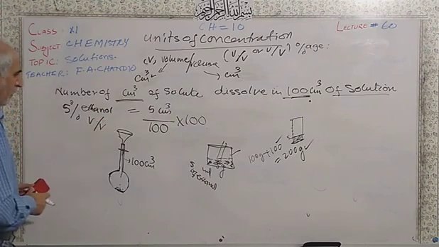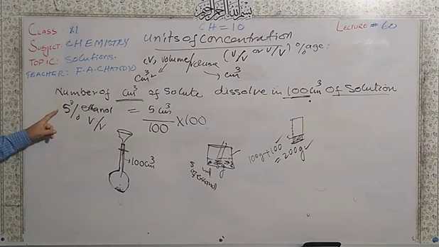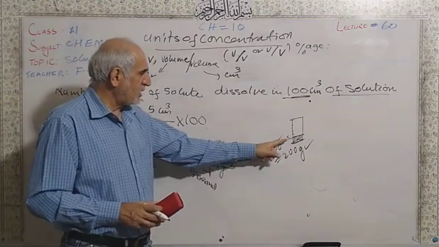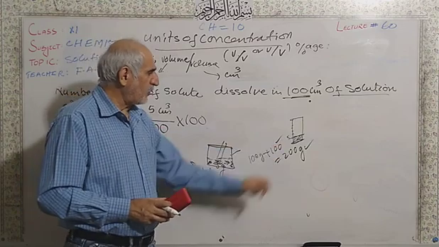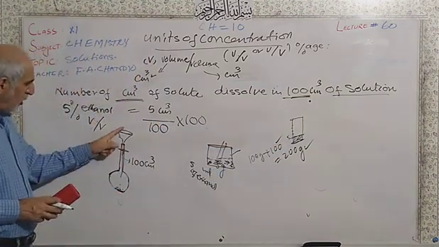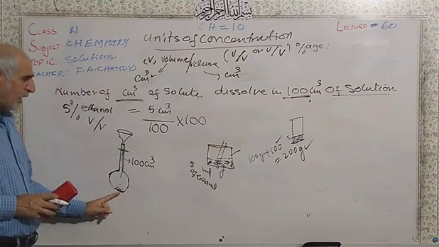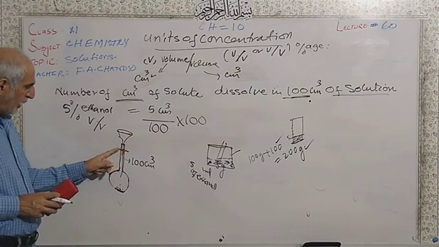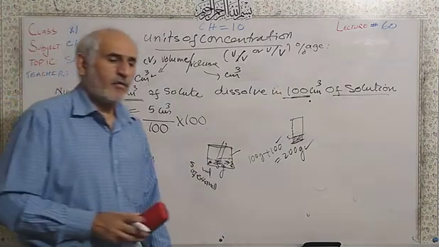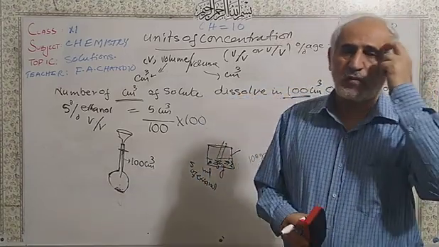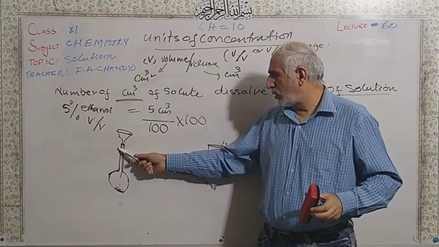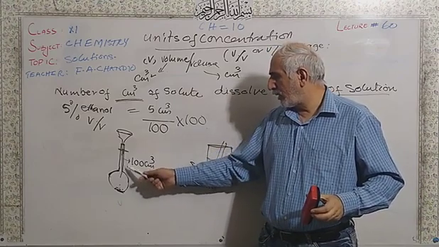So this is very simple. If you are going to prepare a 5% solution of ethanol by volume to volume, then by using the graduated cylinder, I measure 5 milliliters of ethanol, transfer it into the flask using this funnel, and add more water to make up the volume to the mark. This is called a 5% solution of volume to volume, because we know this flask accommodates only 100 centimeter cube, as written here.